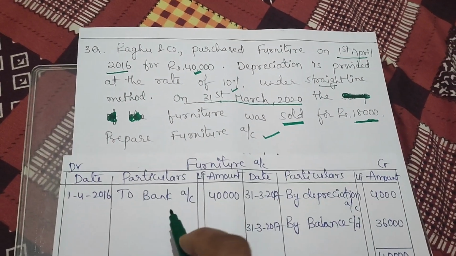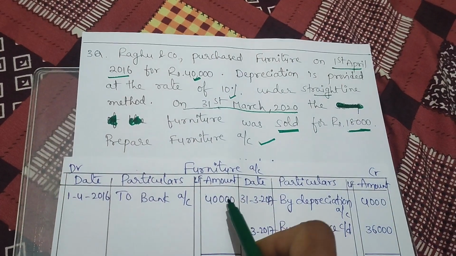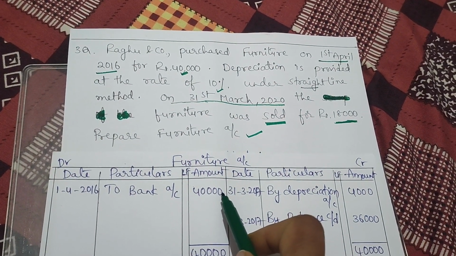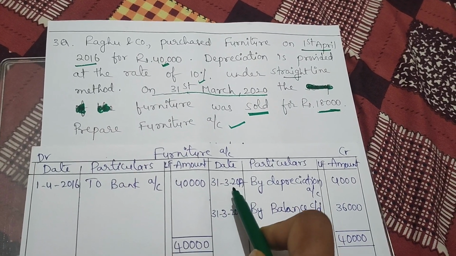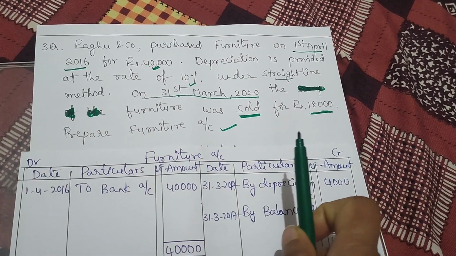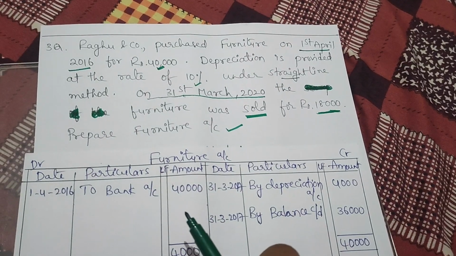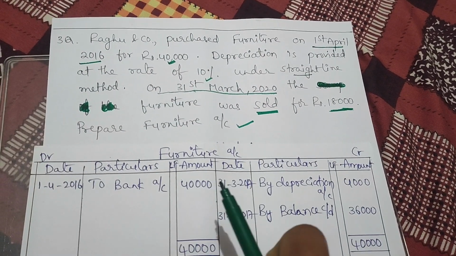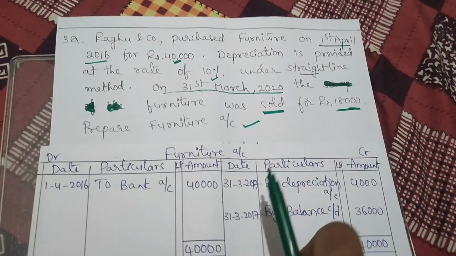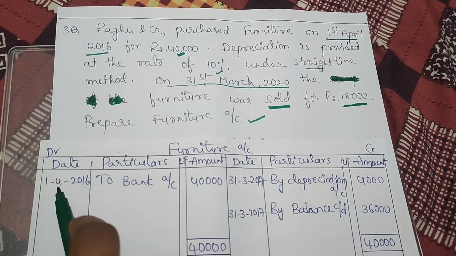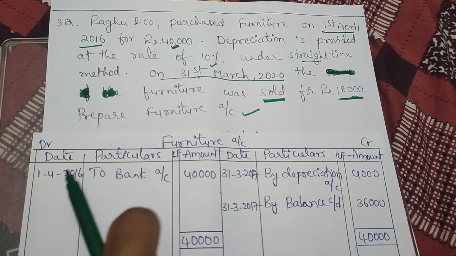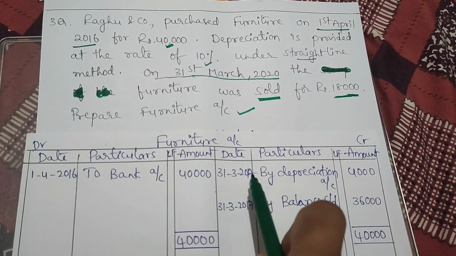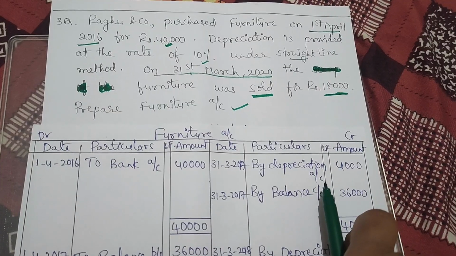1-4-2016 to bank account, we write asset value 40,000. We have recorded 40,000. And on the closing day, what is the closing day? 31st March. If they don't give any closing day, then we have to take financial year only. Financial year means they close always on 31st March. So 1st April is an opening day, 31st March is a closing day. 31st March 2017, by depreciation account.